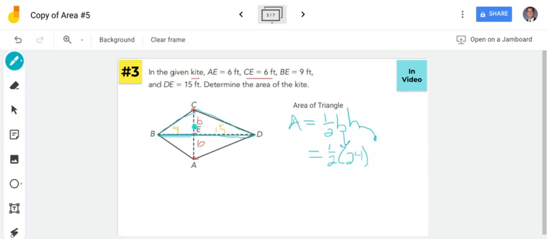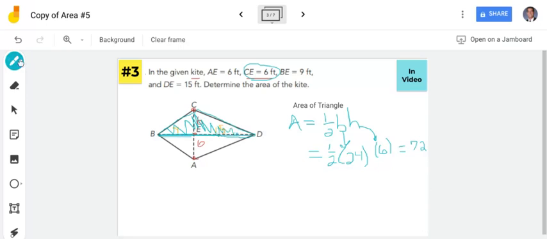Well, how far is it from E to C? 6, right? That's what I was told right here. 6 feet is the height. So if I multiply these, what's 1/2 of 24? 1/2 times 24 would be 12, and 12 times 6 would be 72. Okay, so the area of this triangle right here is 72.